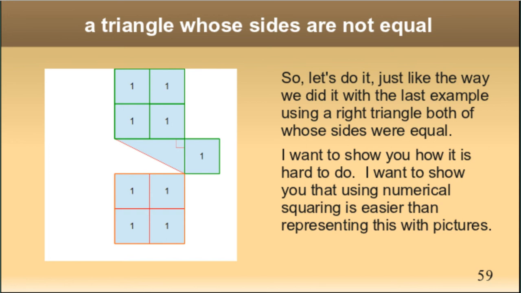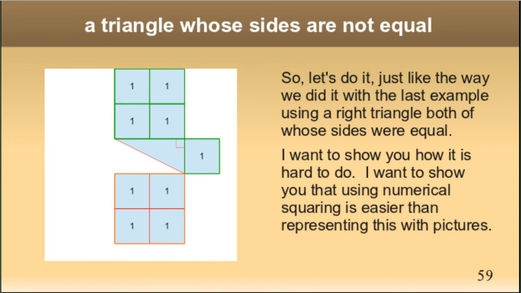So let's do it just like the way we did it with the last example, using a right triangle, both of whose sides were equal. Now we're doing it with a right triangle. One side is twice as long as the other side. And I want to show you how hard this is to do. It doesn't work visually all the time so easily. It worked well with the square, but this is a rectangle.